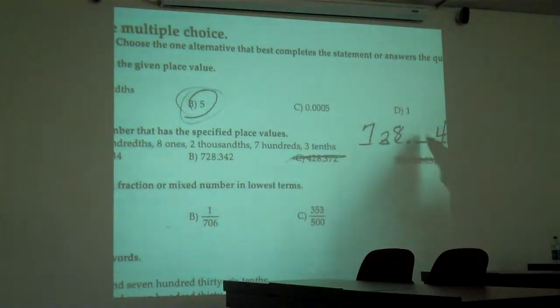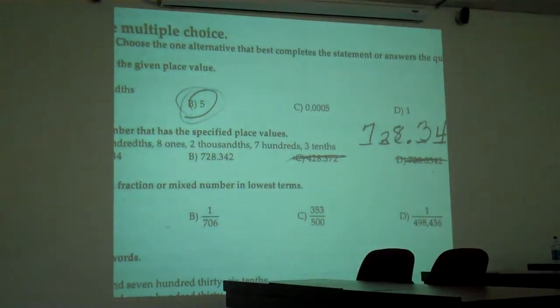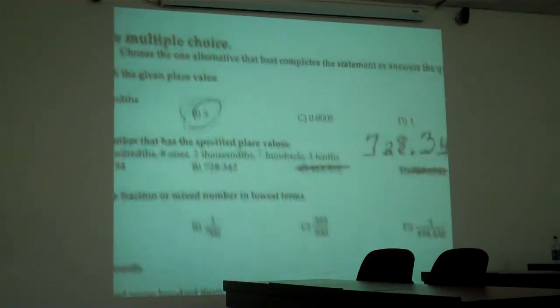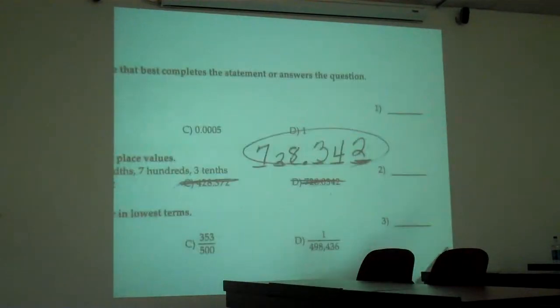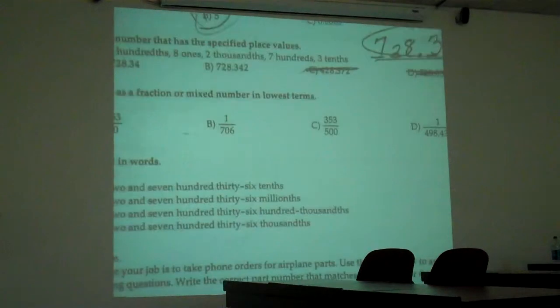And 3 is in your tenths. So there's your number. And if there's anything that doesn't have a number, you would put a 0 there. But there's not anything left out. So there's your number right there. Right? Oh, here, so you can follow along.